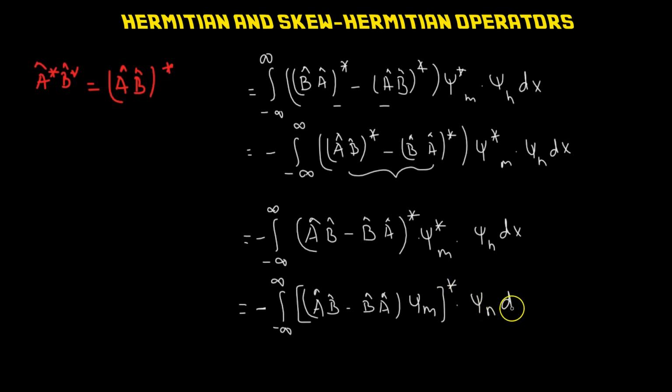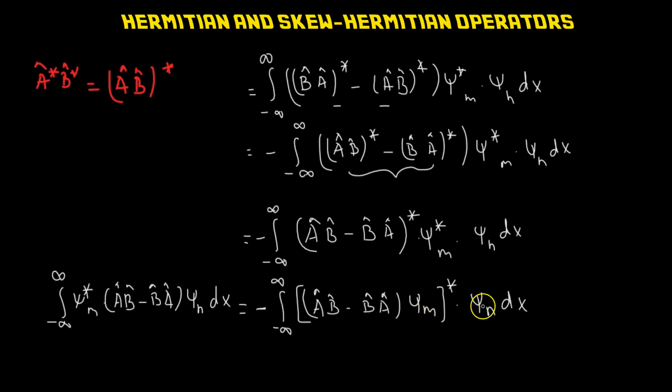So we started out with the positive integral with limits from negative infinity to positive infinity, psi star m times AB minus BA, the operator which operates on psi n dx, and we say that this is the same as negative times the integral of AB minus BA operating on psi m.